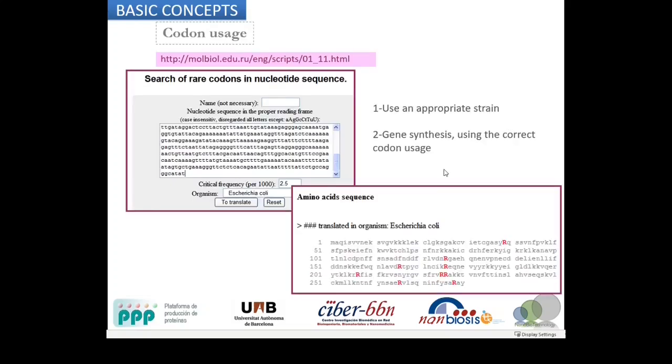There is one factor which is really important when producing proteins in a heterologous expression system, which is the codon usage.